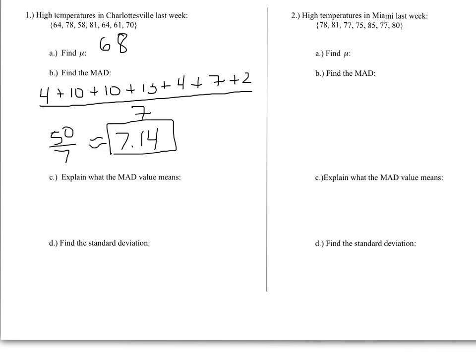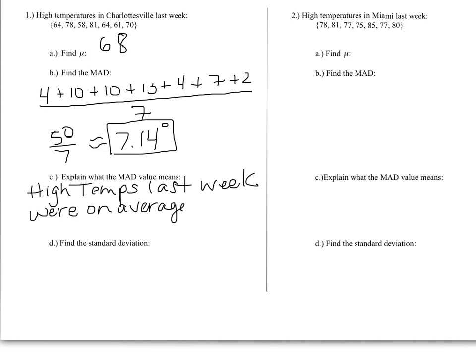So again, explain what the MAD value means. Well, high temperatures in Charlottesville last week were these numbers, and the MAD is 7.14, so it's going to be degrees. Basically what this means is that the high temps last week in Charlottesville were on average 7.14 degrees from the mean of 68 degrees.